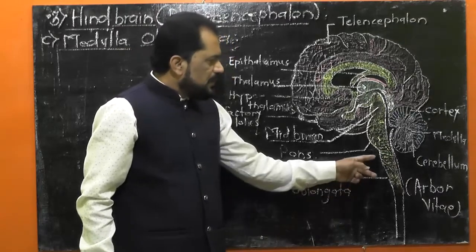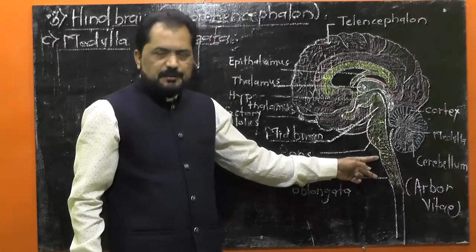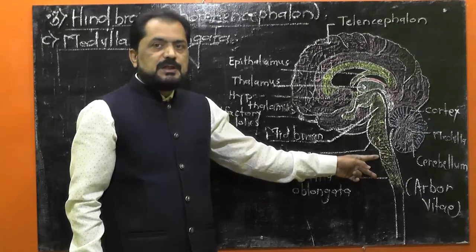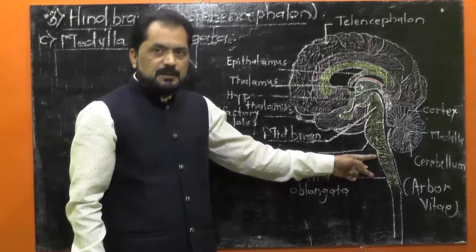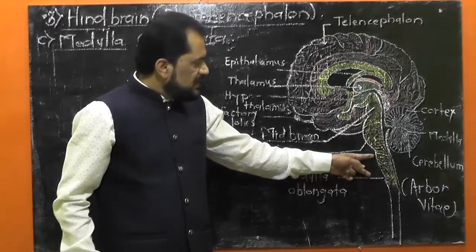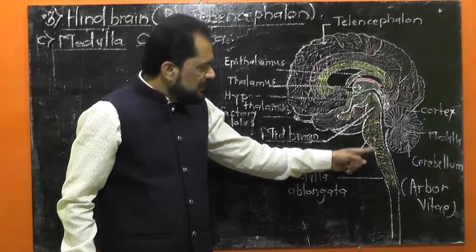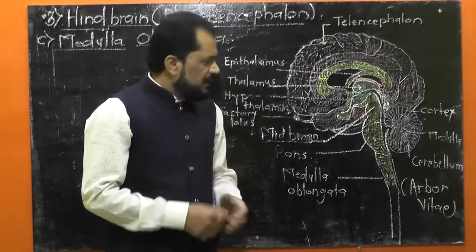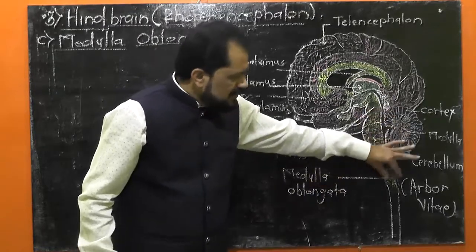But we are talking now about the medulla oblongata. It is the posterior most part of the brain, present in between pons varolii and spinal cord. This medulla oblongata is slightly pyramidal in shape.